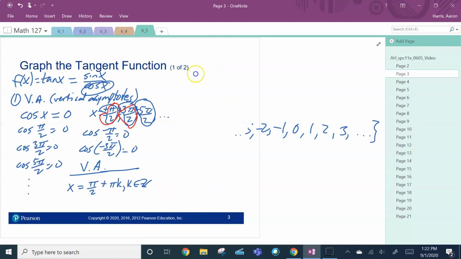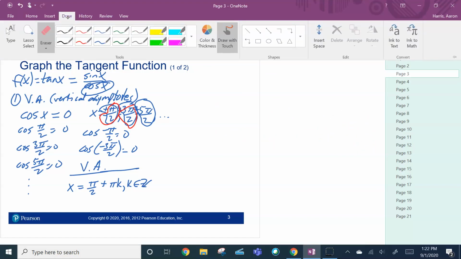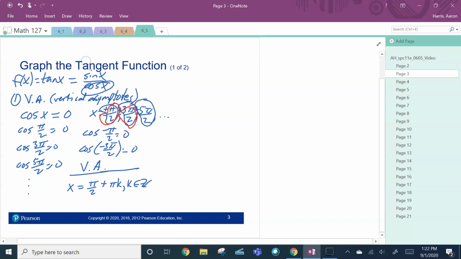For my vertical asymptotes, I'm going to go ahead and draw my graph.